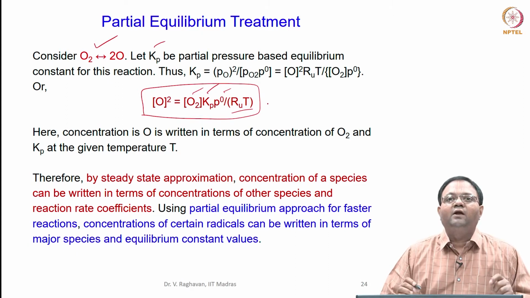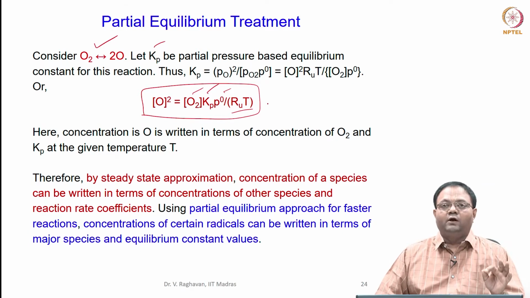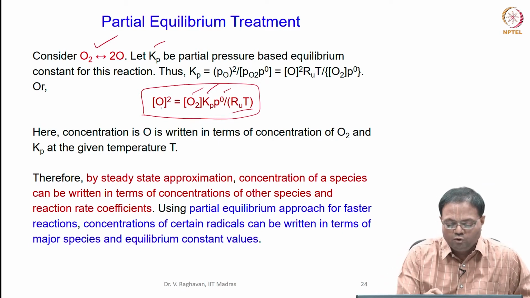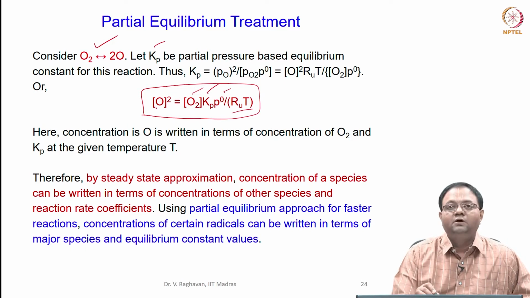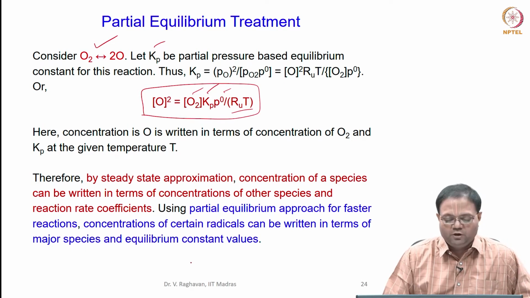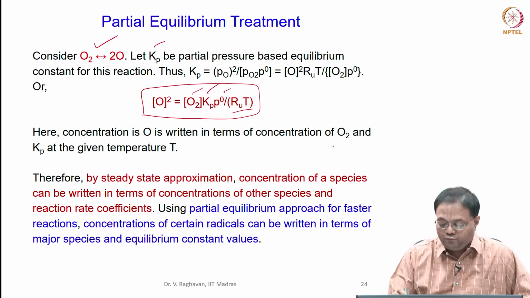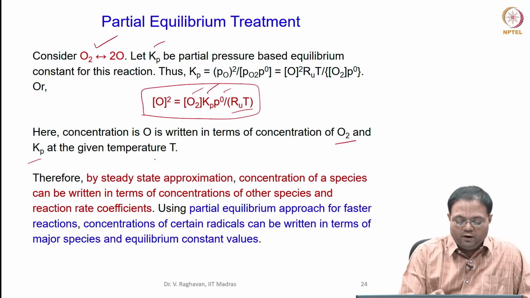That means I need not solve a partial differential equation to calculate the transport of O. So O can be calculated by this equation, and O is now eliminated from the partial differential equations. The concentration of O is written in terms of the concentration of O2 and Kp at a given temperature.